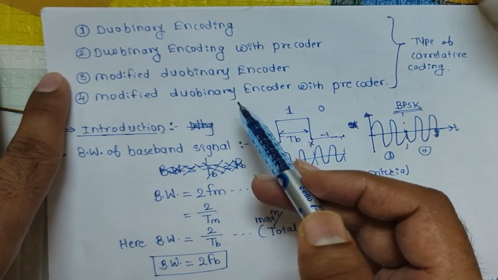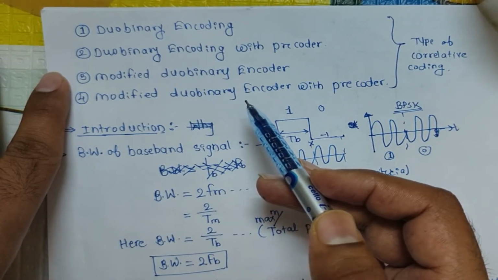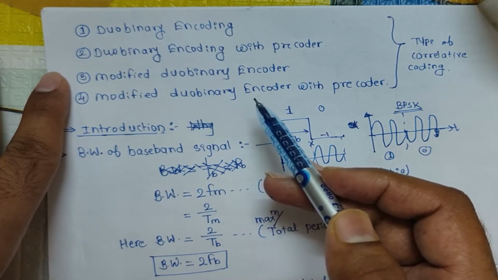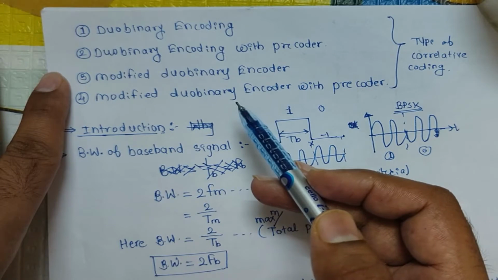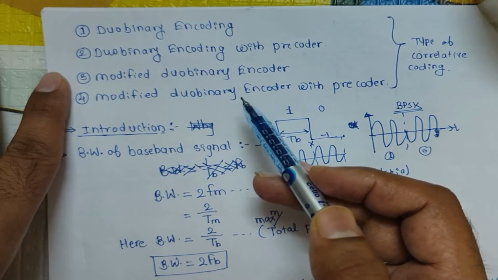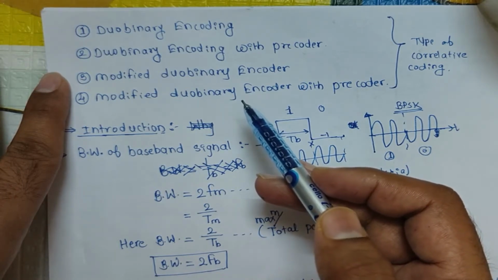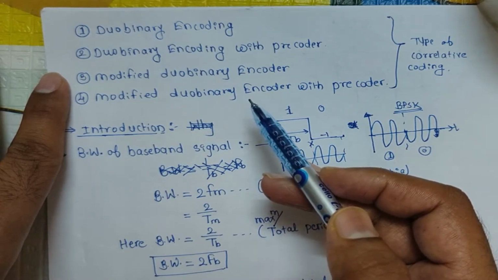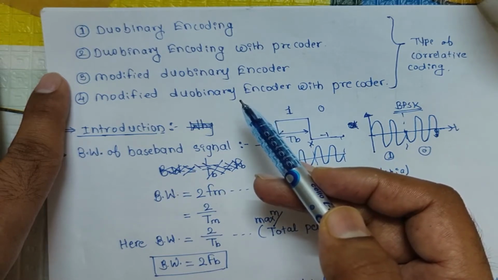Correlative coding means the sequence that we are going to get has a dependency on the previously generated bits. However, uncorrelated codes are the codes which don't have any dependency on the previously generated bits.